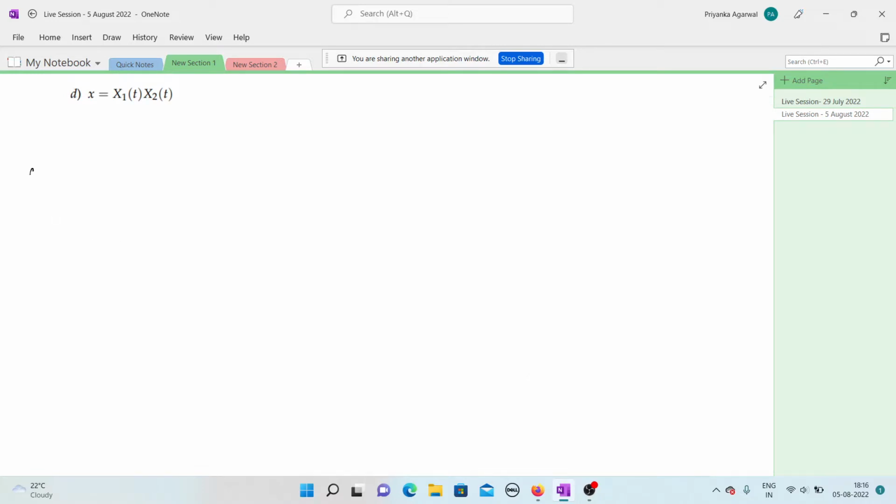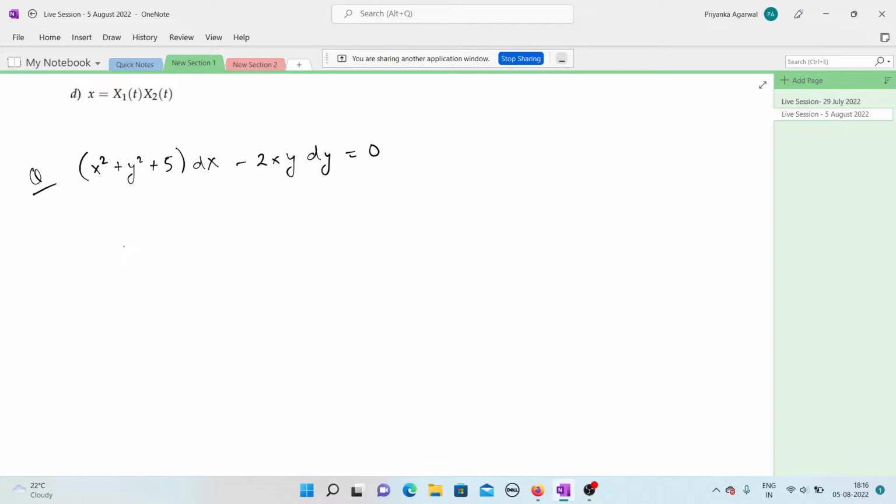Consider the equation (x square plus y square plus 5) dx minus 2xy dy equals 0. First, check whether this equation is exact or not.